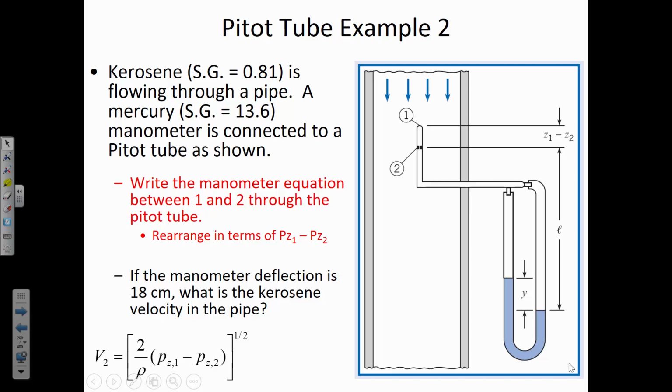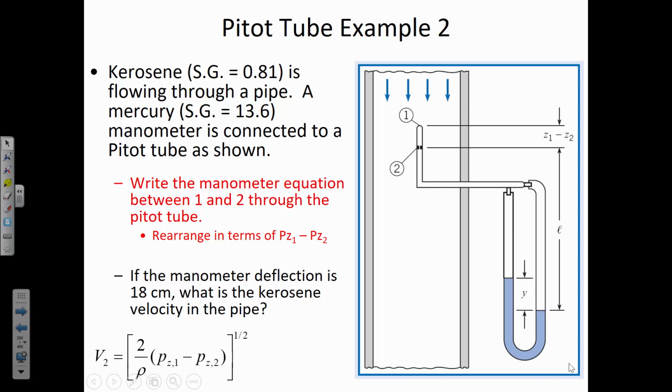And remember, what we mean by P sub Z is pressure plus gamma Z. So if we're saying P sub Z1, that means P1 plus gamma Z1. P sub Z2 is P2 plus gamma Z2. So in the manometer equation, finish writing it in, then do the algebra 3-card Monty, switching things all over the place until you've got on the left-hand side the change in piezometric pressure, and on the right-hand side is everything else.